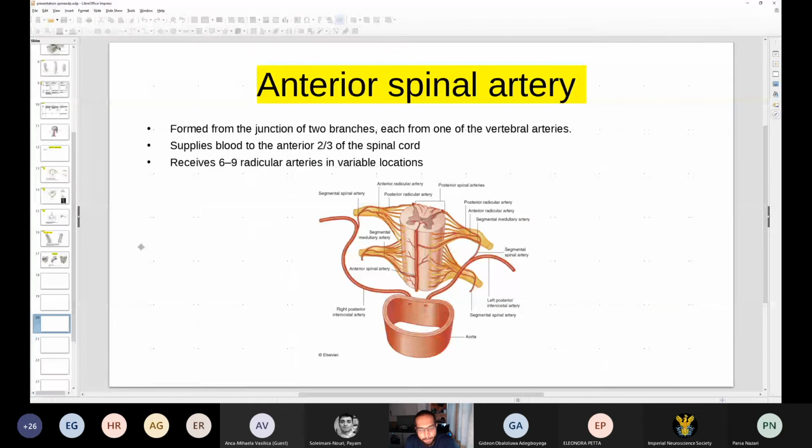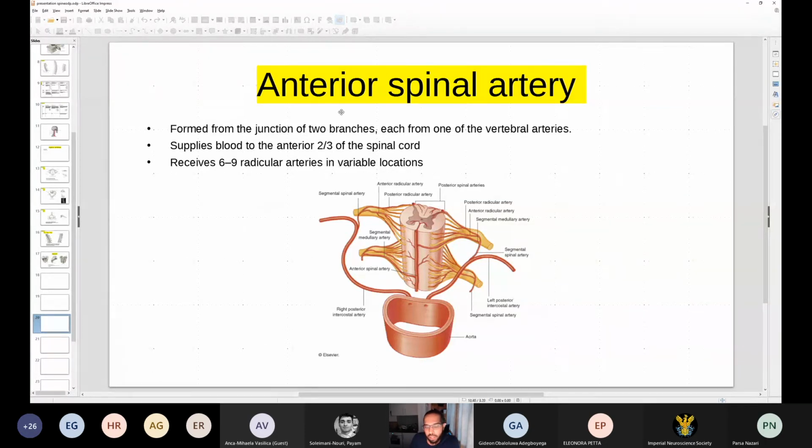bony bit. We'll talk about some of the aspects of blood supply in the spinal cord. The arterial supply is provided by 3 major vessels: a single anterior artery and 2 posterior arteries.